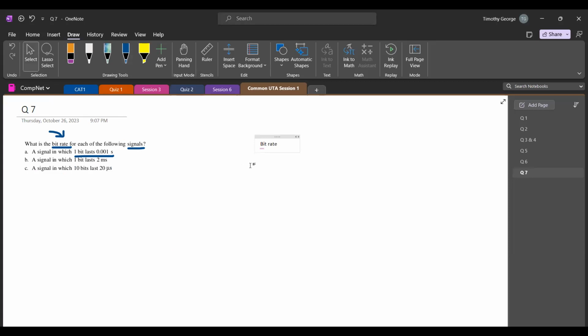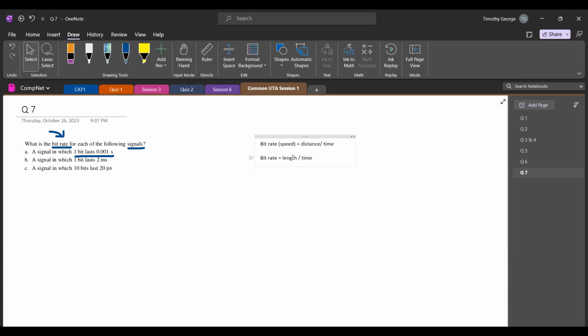Bit rate. What does bit rate mean? Any rate is similar to speed, right? So again, it's going to be distance by time. That's all you need. So you have distance, how big the bit is, the length, divided by time.